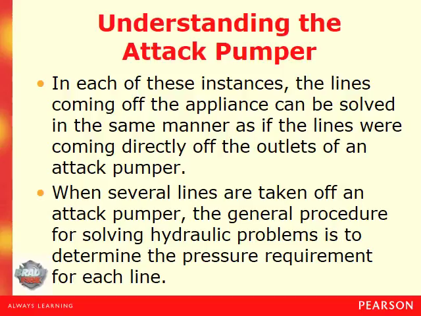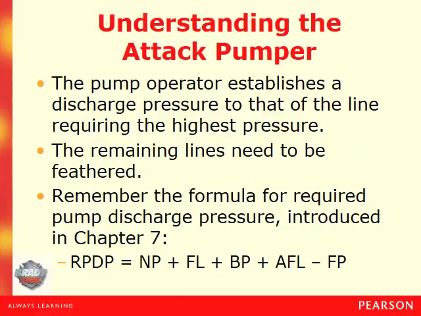When several lines are taken off an attack pumper, the general procedure for solving hydraulics problems is to determine the pressure required for each line. The pump operator establishes a discharge pressure to that of the line requiring the highest pressure, and then of course the remaining lines need to be backed down. Remember the formula for required pump discharge pressure introduced in Chapter 7.